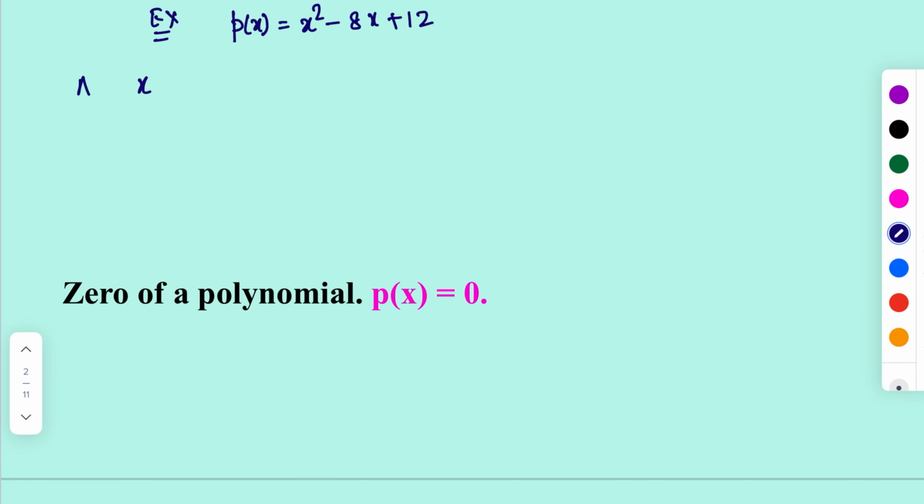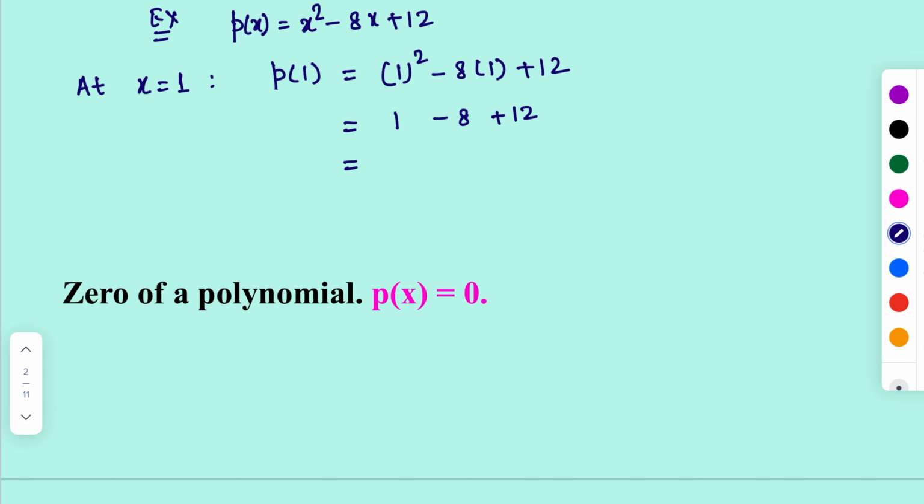Suppose at x is equal to 1, if you put x is equal to 1, so p of 1, then we have to put 1 in place of x. 1 square minus 8 into 1 plus 12. If we simplify, this becomes 1 minus 8 plus 12. So this will equal 13 minus 8, which is equal to 5.